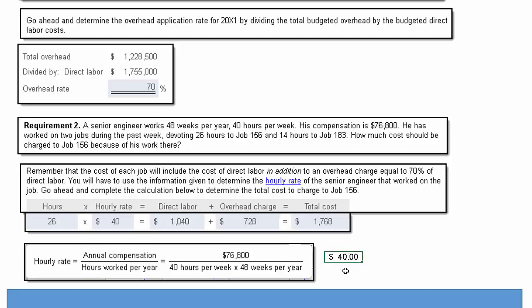Okay, so that's how we come up with the $40 that gets used here. 26 hours worked on job 156 times 40 gives us $1,040 of the direct labor charge to job 156. Then we add in the overhead charge, right, which should be 70% of that amount. We come up with $1,768.